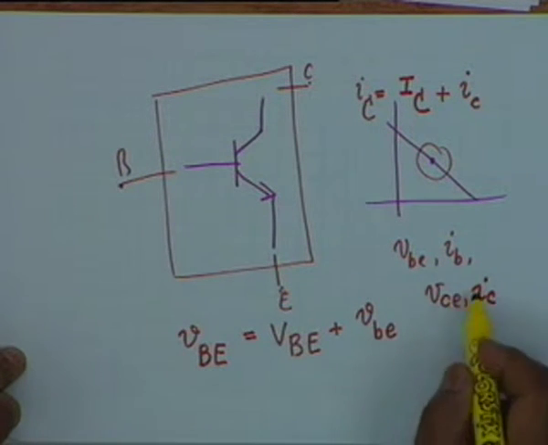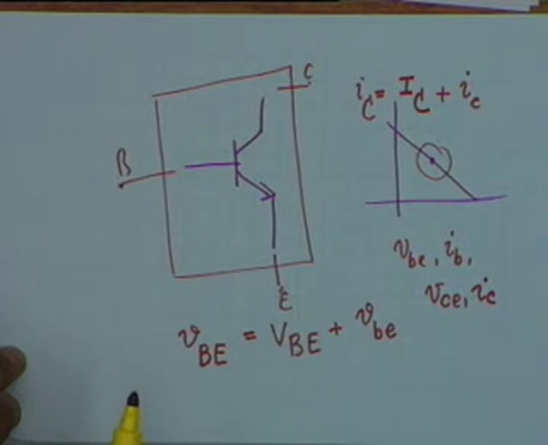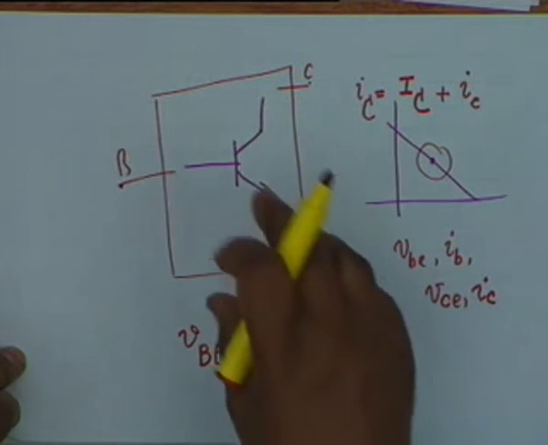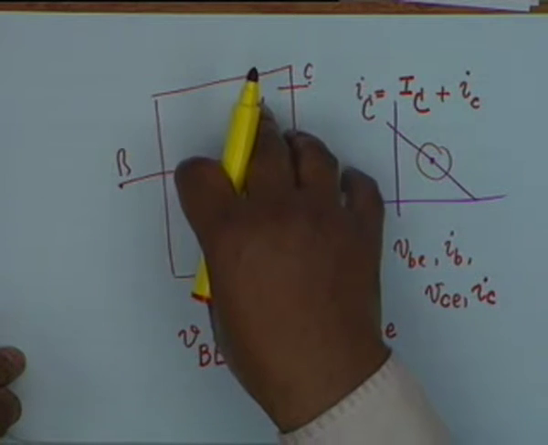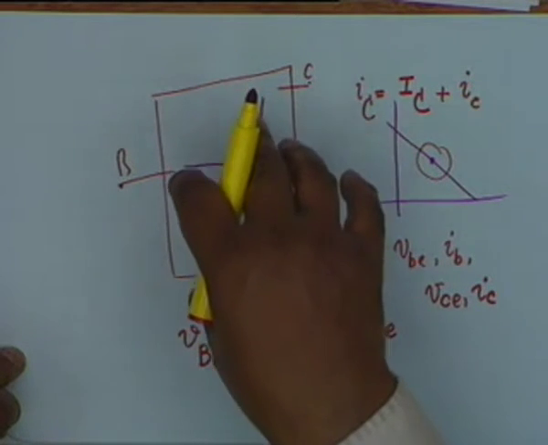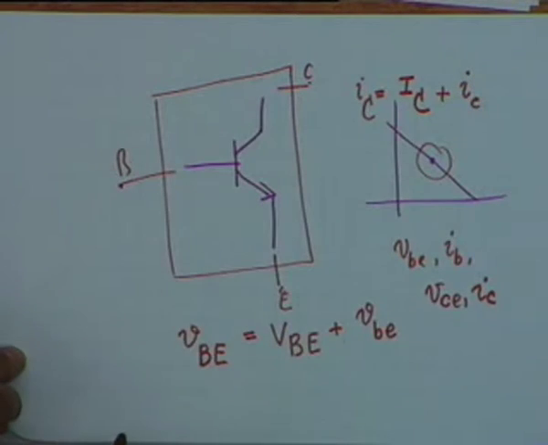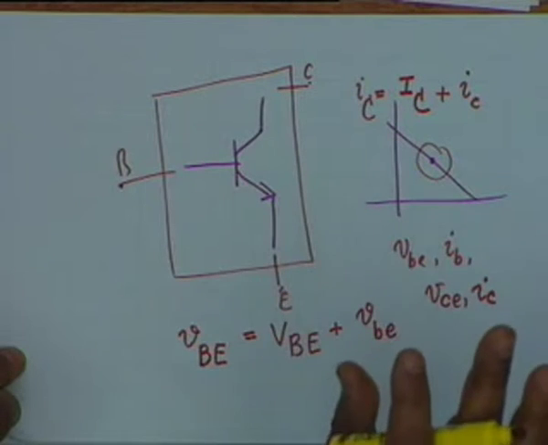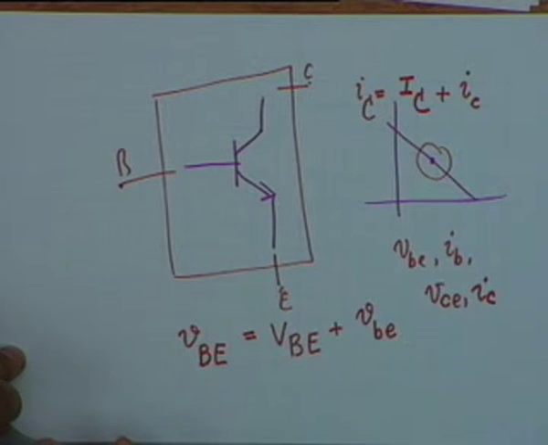There are 2 voltages and 2 currents, and you know that any 2 port can be characterized in 6 different ways. I repeat, this characterization that we are talking of for the transistor is for incremental quantities only, small signals only. We are divorcing DC from the picture altogether.